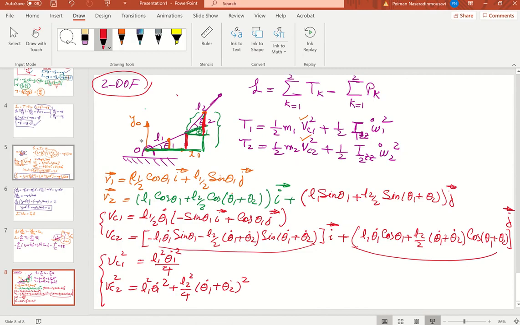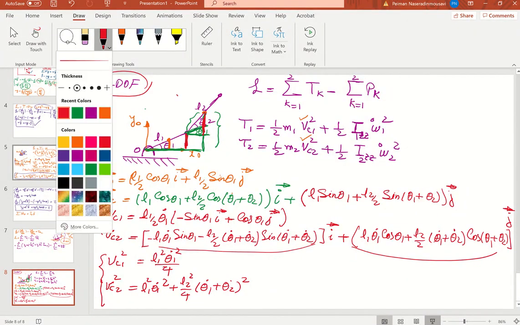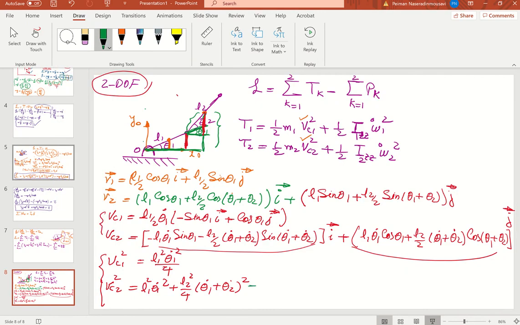And look at here, this minus minus when squared is positive, so it's going to be, I'm writing in a different color, plus 2 times this and this, L1 L2 theta dot 1 plus theta dot 2, times sine theta 1 sine theta 1 plus theta 2. Why did I write theta dot here? They don't have that.